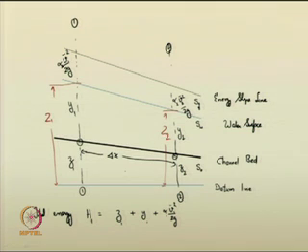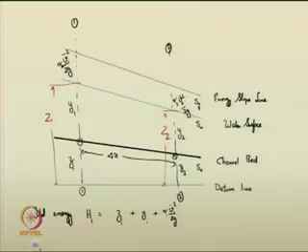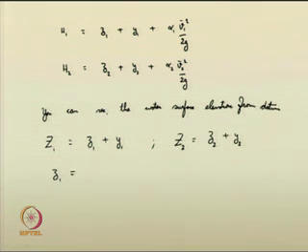Your z1 is nothing but z2 plus the channel bed slope, which is already given to you, into this particular distance, that will give you the difference between z1 and z2, right. So, I can write z1 as z2 plus S0 into del x. You can easily write them.